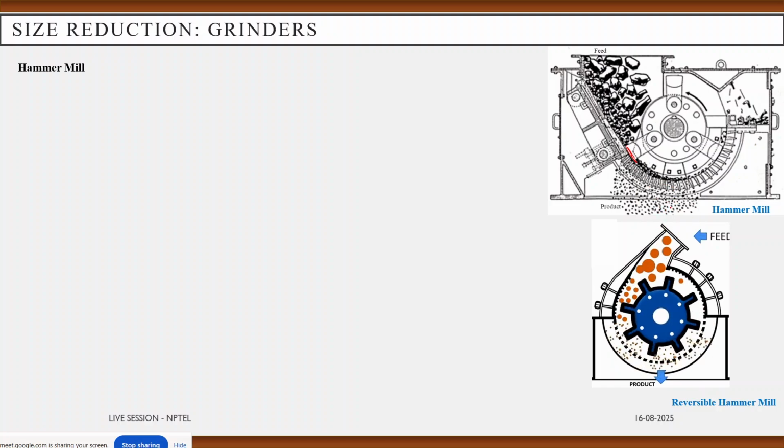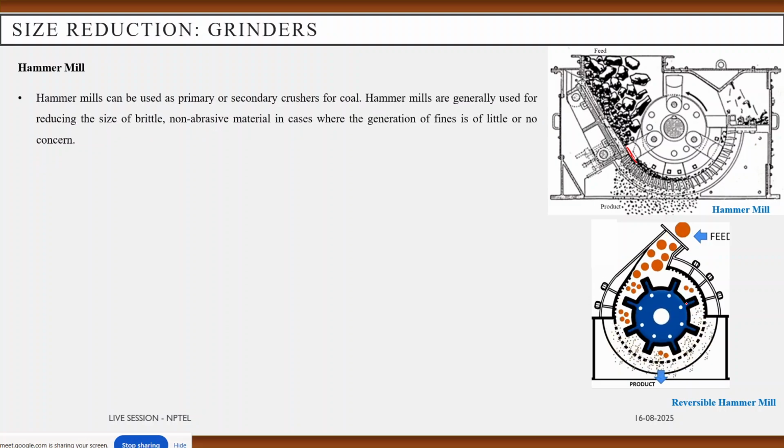You can see from this picture or video that the larger particles are gradually crushed down to not ultrafine but fine particles. So this hammer mill is classified as a fine grinder.